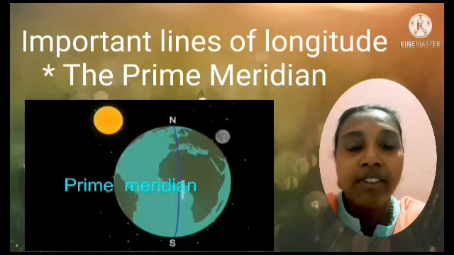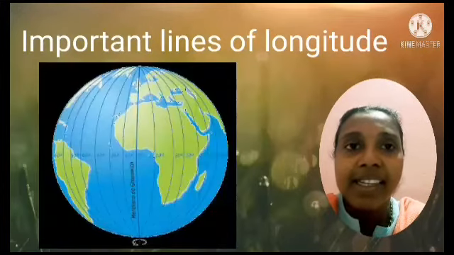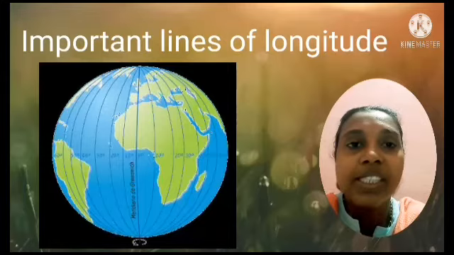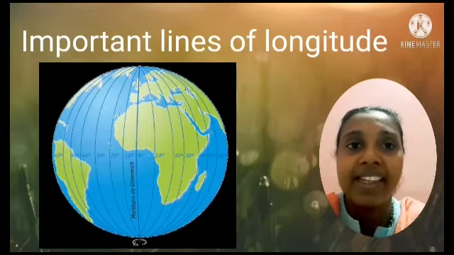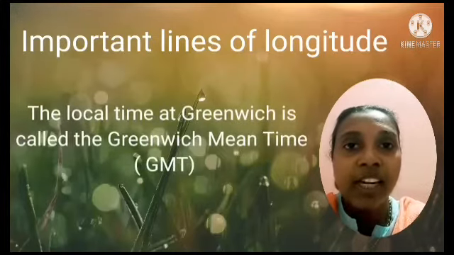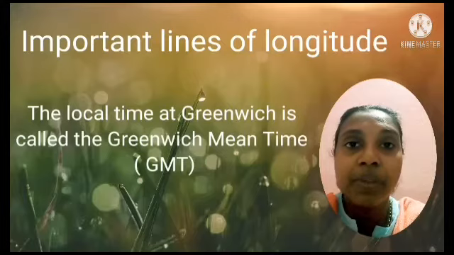Why is it known as the Greenwich meridian? Listen. This longitude passes through the town of Greenwich in the United Kingdom. It particularly passes through London. The local time at Greenwich is called the Greenwich Mean Time or GMT.